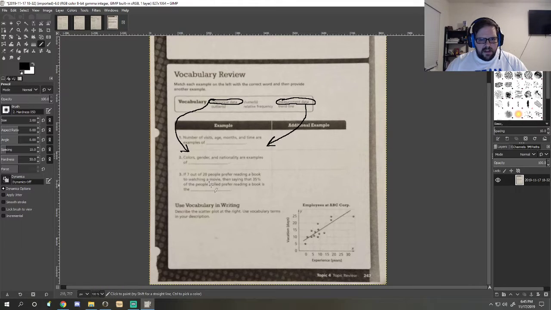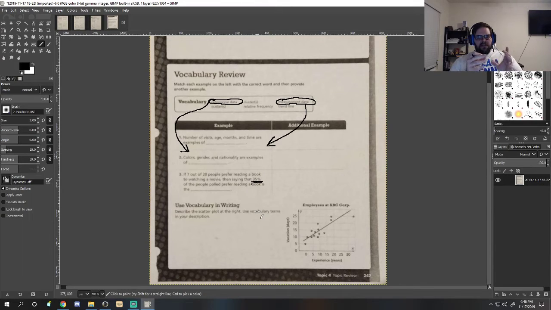And then finally, if 7 out of 20 people prefer reading a book to watching a movie, then saying that 35% of the people polled prefer reading a book is an example of what? If we remember our two-way frequency tables, those are the ones that have our exact numbers, the exact number of people surveyed.